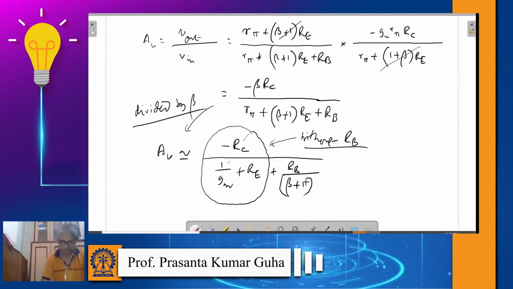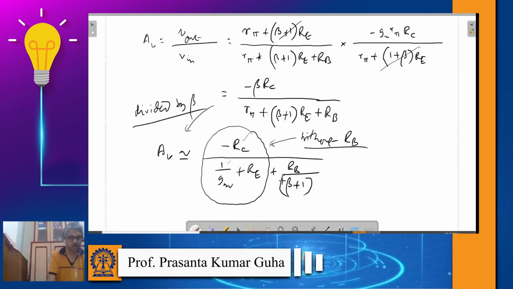The point I would like to mention is, if you just remember the gain where RB is not there and where RB is there, there is only this additional term in the denominator.